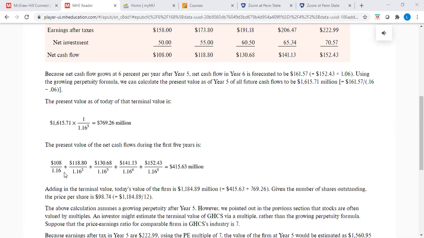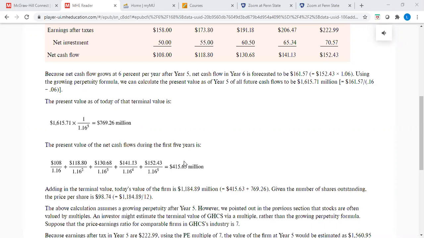So these separate calculations will give us the present value of those future cash flows, the net cash flows, to the end of year 1, 2, 3, 4, and 5. So once you do those calculations and add up the results, the present value of the first 5 years is 415.63.